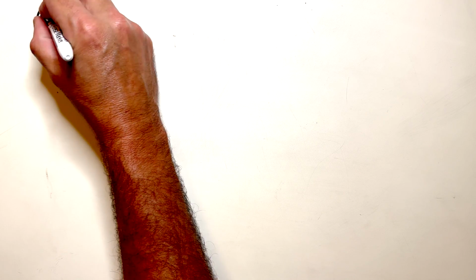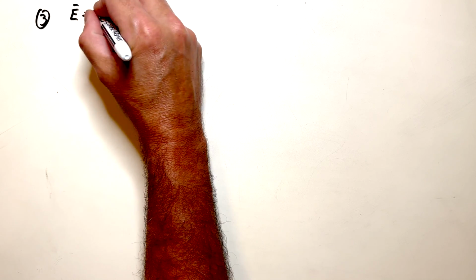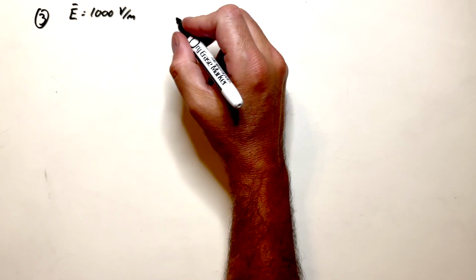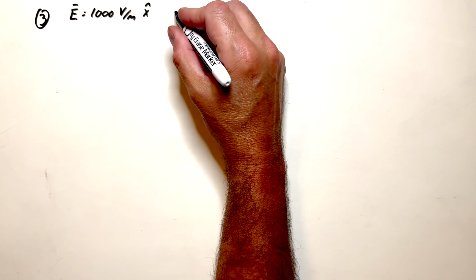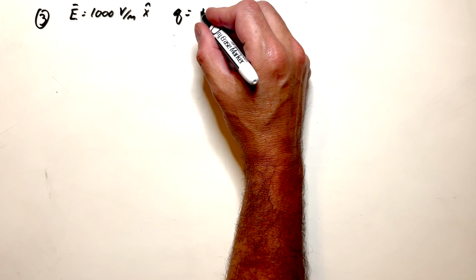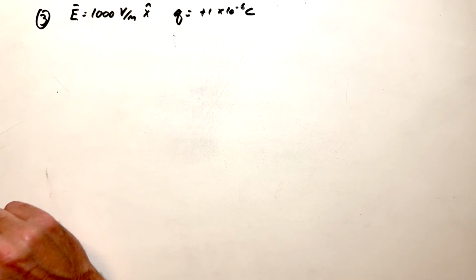So let's make a note of these. This is number 3. And we should note that the electric field is 1000 volts per meter. In the x direction, this is a one-dimensional problem. And the charge is plus 1 times 10 to the minus 6 coulombs.